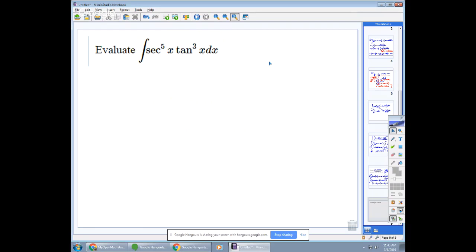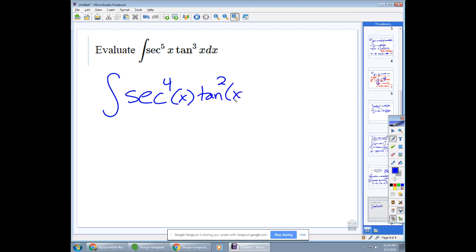Instead, what I see here is if I pull out a secant times a tangent, so that means I'm going to write the secant to the 4th, reducing that by 1, and reduce the tangent by 1, and then I'm pulling off a multiple of secant times tangent.